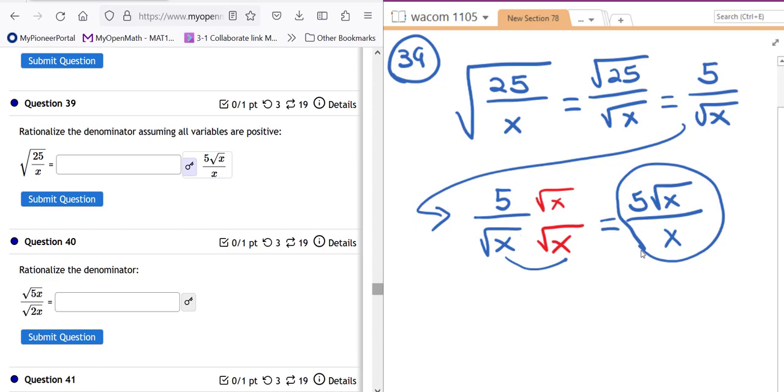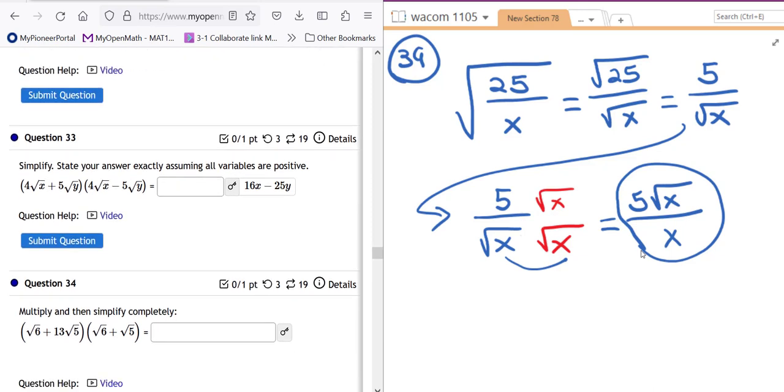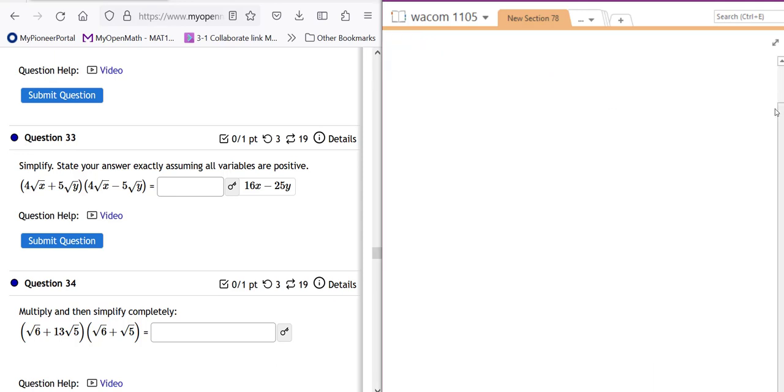Okay, so I had a question on 33, so let's go back. And the question was the root of xy. We'll just do it again so I have it all here.